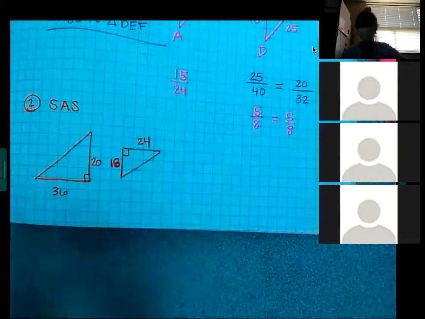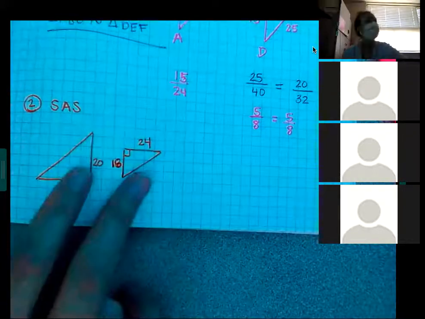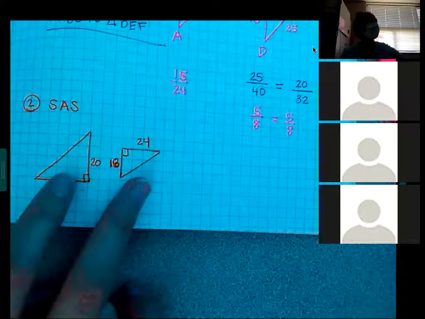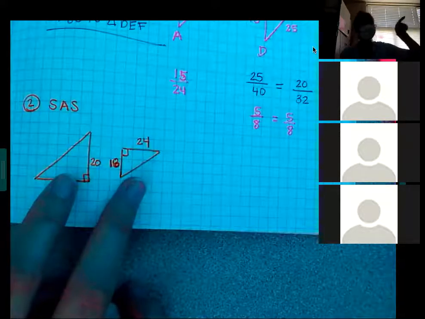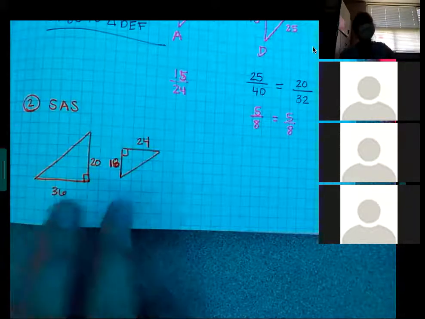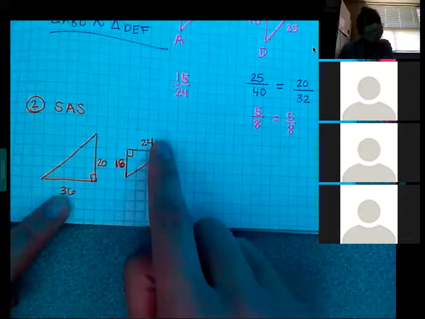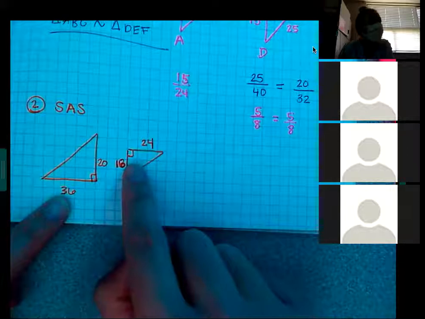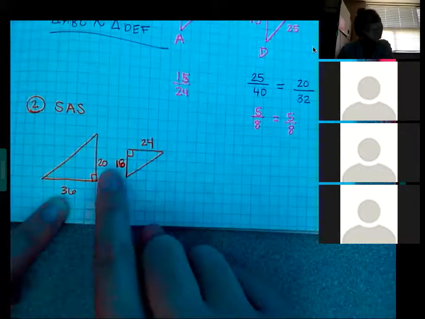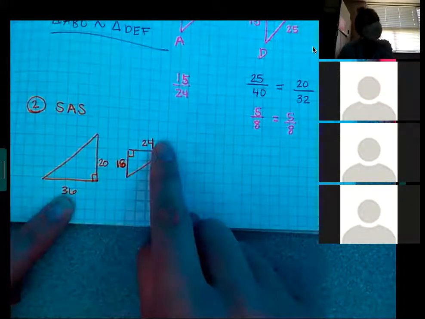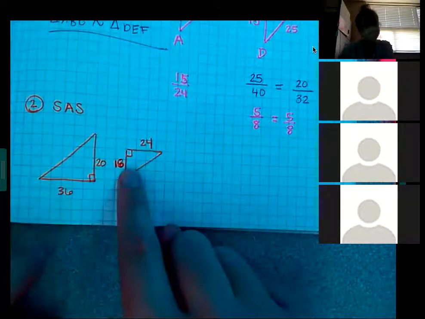So which two sides do you think correspond to each other? Can somebody name me a pair? Very good. Everybody be careful on ones like this where they don't name them for you. 24 is bigger than 18, right? 36 is bigger than 20. So the bigger side should correspond and the smaller ones, right? So let's see.